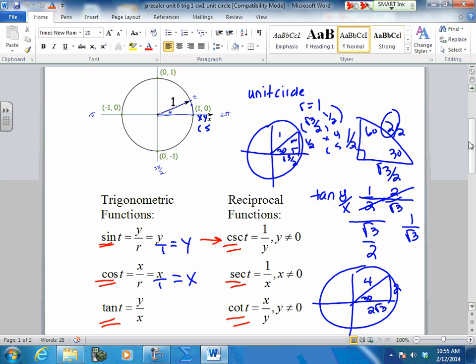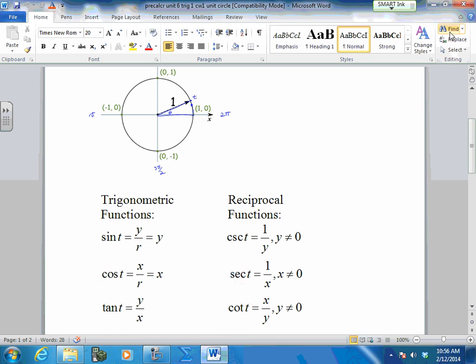Your reciprocals start with different letters. I know it sounds better to say sine, secant, but they can't start with the same letter. Sine, cosecant. Cosine, secant. And all you have to do for those is find the original one and just take its reciprocal before you rationalize. So you really don't have to memorize these functions. Just go back to the original and take its reciprocal. Okay?